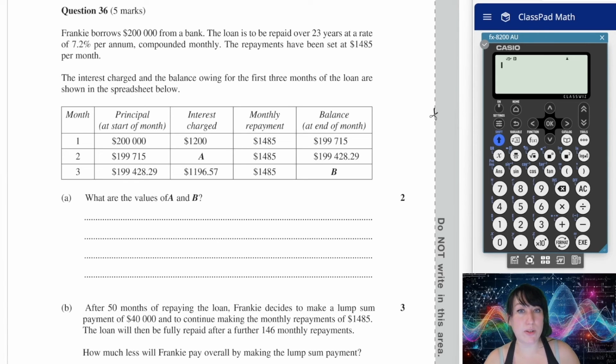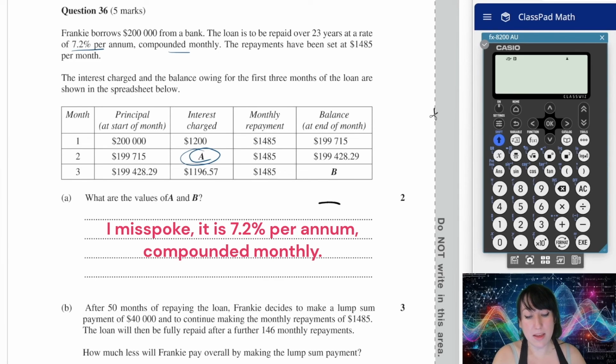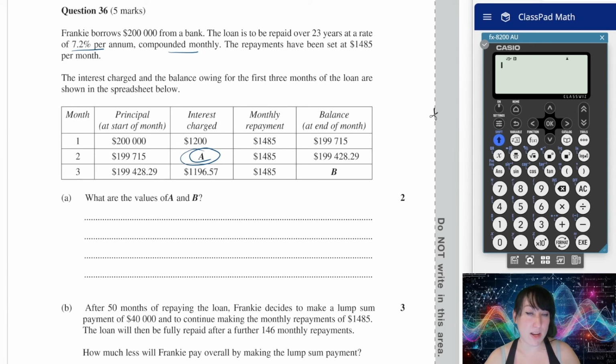So this is what we call a reducing balance loan. And so we track that in a spreadsheet or a table month to month. We're missing the value A, which is in the interest charged column. Now, interest is 7.2% per annum, compounded monthly. So to work out that interest for that month, we're going to need to convert that to a monthly interest rate. So 7.2% divided by 12, that's going to be 0.6% per month.